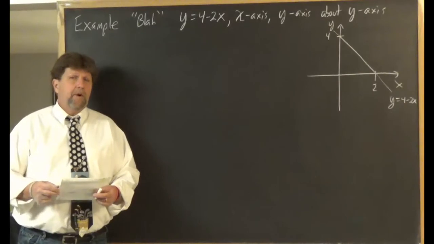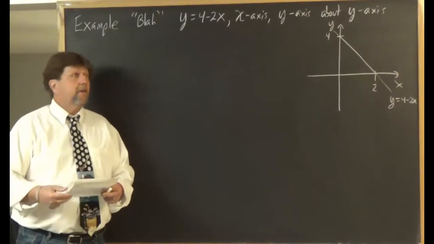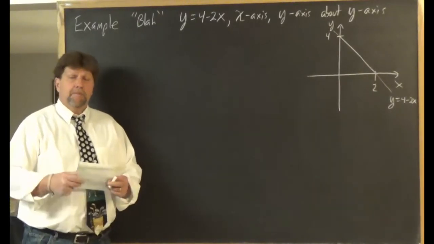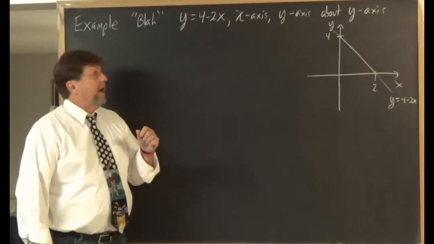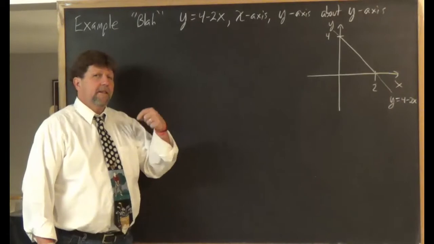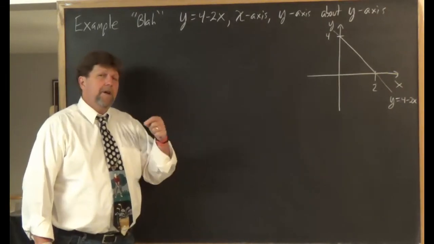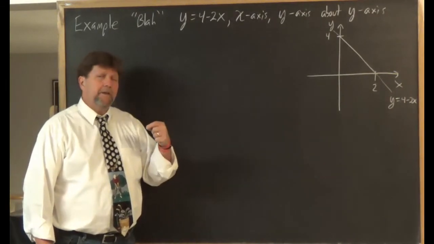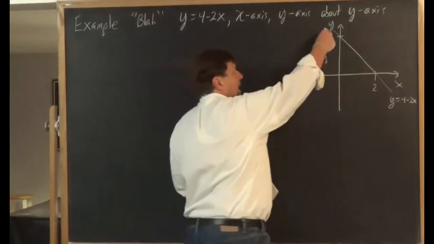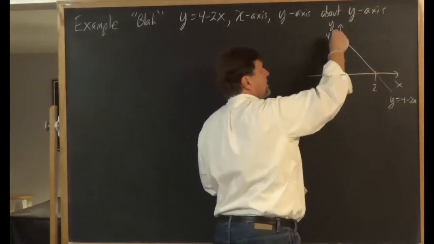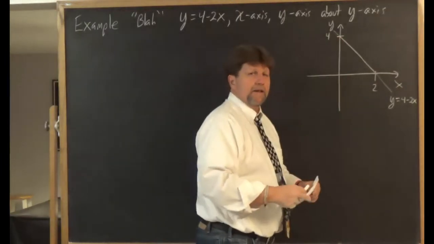Okay, in this example, we're asked to find the volume of the solid of revolution when the region that's bounded by the graphs of y equals 4 minus 2x, the x-axis and the y-axis is revolved about the y-axis. So over here I've already graphed y equals 4 minus 2x, the x-axis and the y-axis.